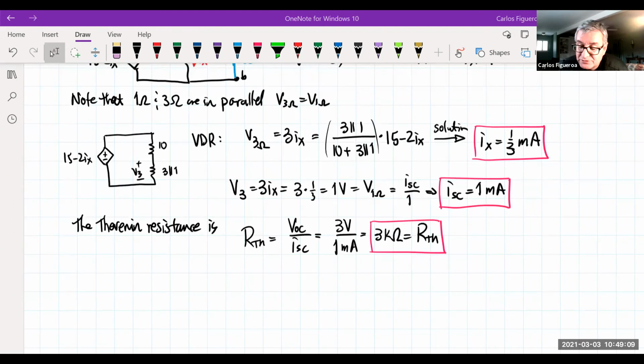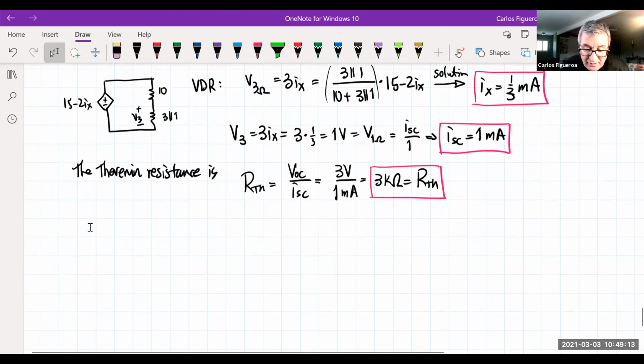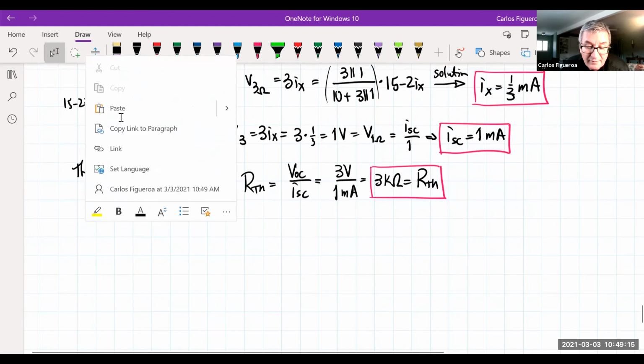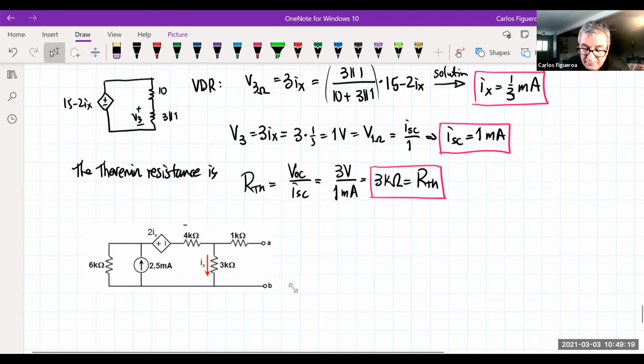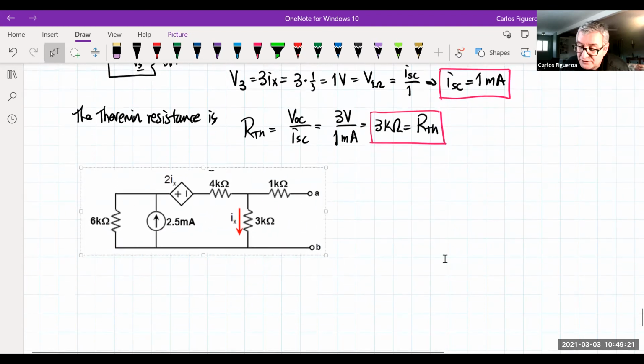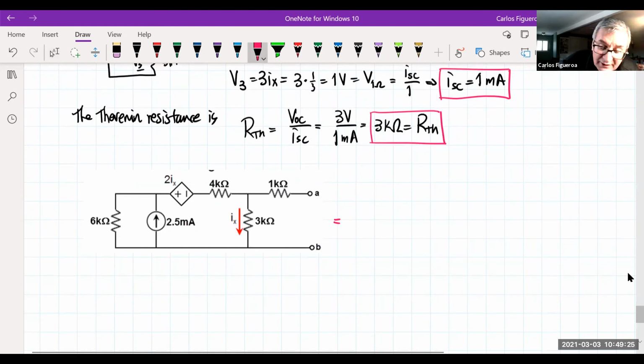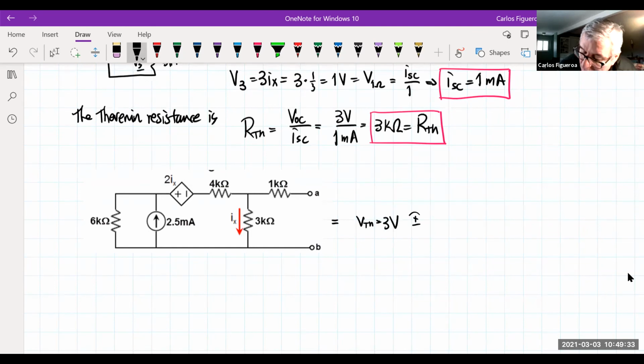This is the original circuit. So if I go back to my original circuit, this is my original circuit right here. What is this original circuit? The Thevenin equivalent is that I have VTH equal to 3 volts.